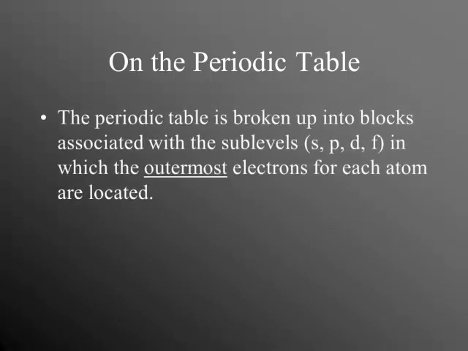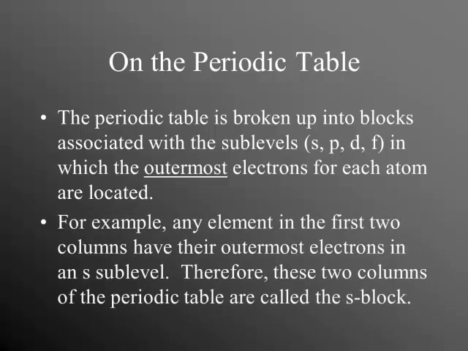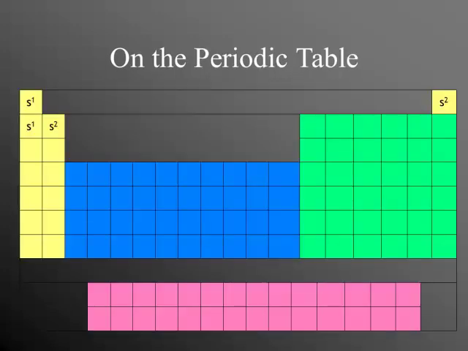The periodic table is broken into blocks associated with the sublevels of the outermost electrons of those atoms. For example, any element in the first 2 columns has their outermost electrons in an S sublevel. These 2 columns are called the S block of the periodic table.